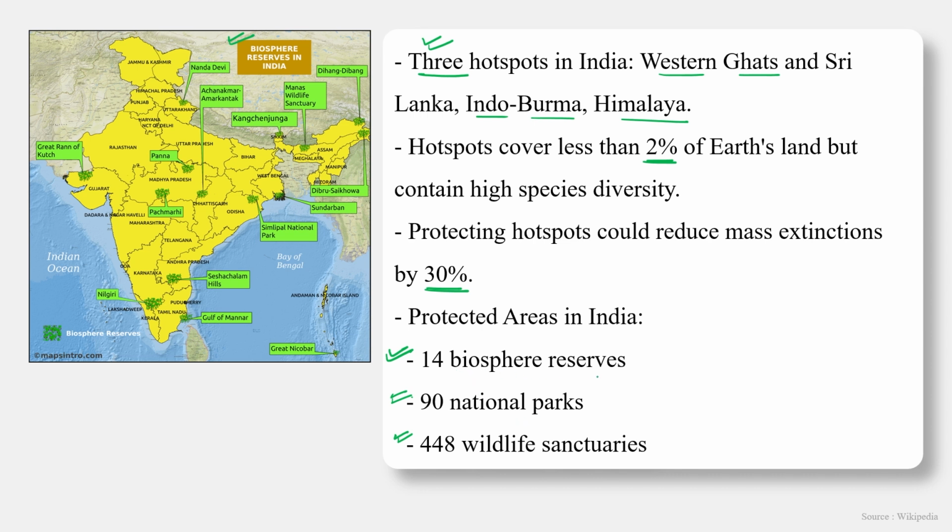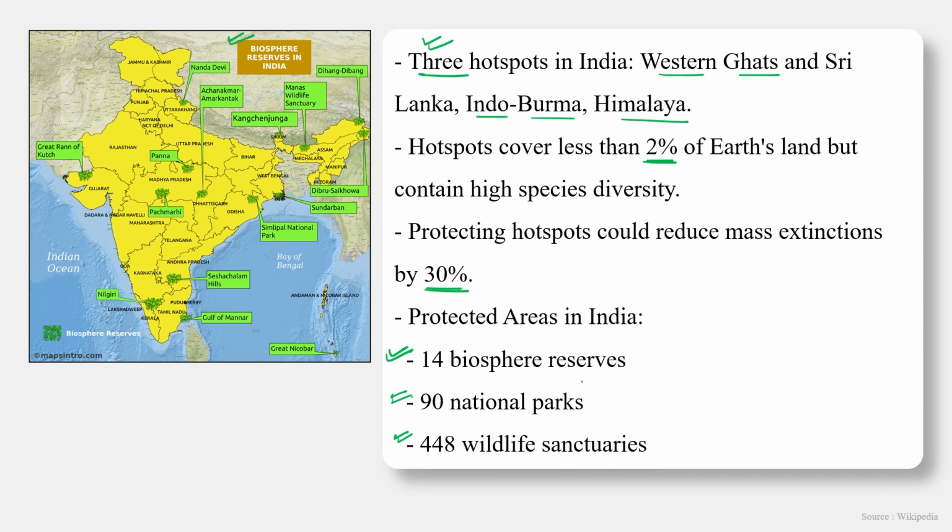But biosphere reserves are big area-wise. So we can say that national parks and wildlife sanctuaries may become a part of a biosphere reserve. This one is the bigger area.